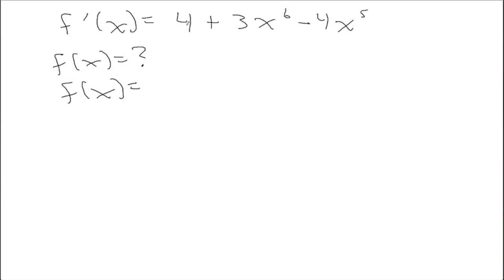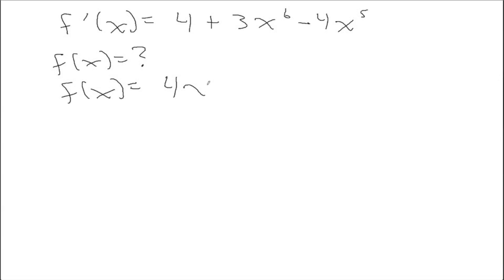And as a result of that, antiderivatives also work well for addition. So remember that the derivative of a sum is the sum of the derivatives. Well, it turns out that the antiderivative of a sum is the sum of the antiderivatives. That's the sum rule for antiderivatives. So all we have to do here is just take each of the 3 antiderivatives separately and then just add them up. So what's the antiderivative of 4?